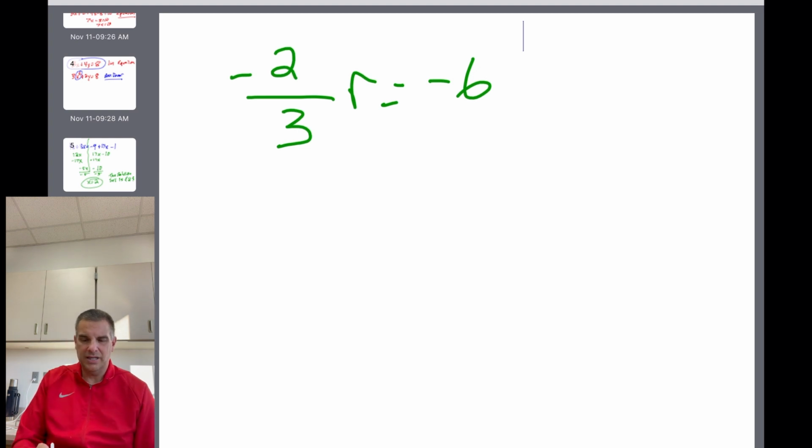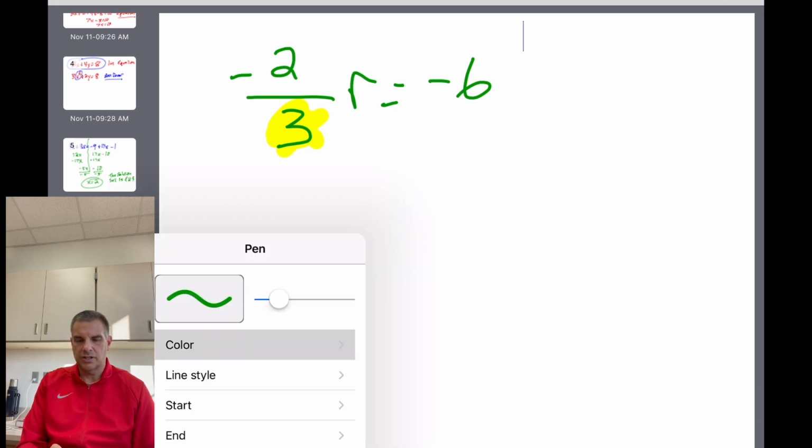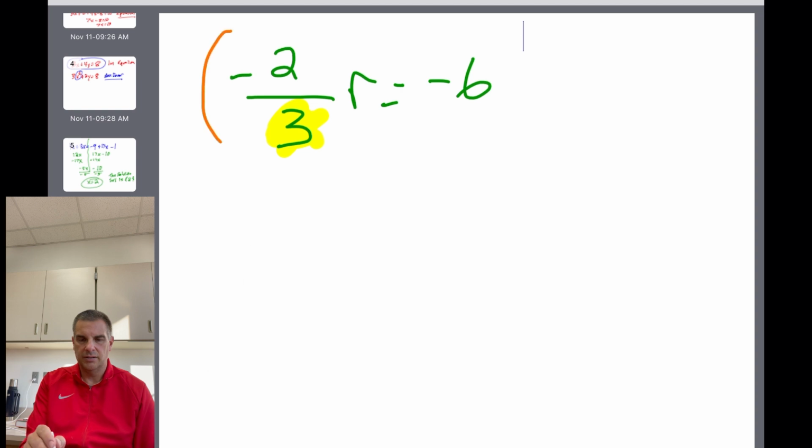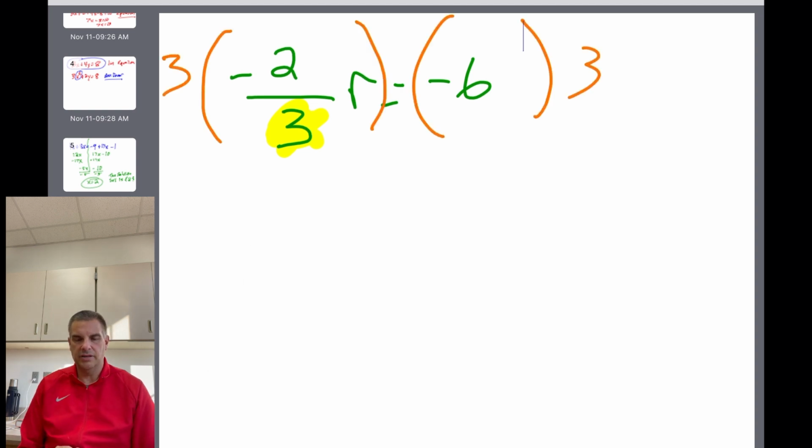Now you're going to take a peek at the denominator. And that denominator is going to be your key. Because what you're going to do now is multiply both sides by whatever that denominator is. Then that denominator crosses out on, in this case, the left-hand side, and you're left with 2r equals, in this case, -18.